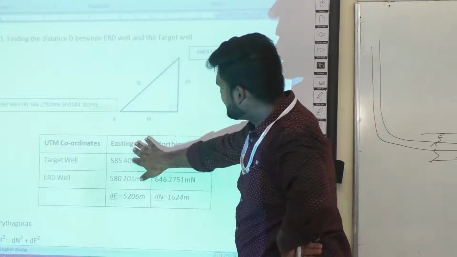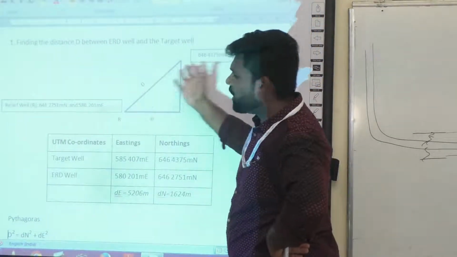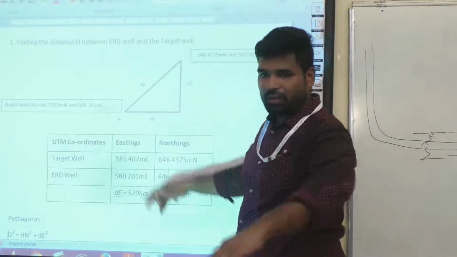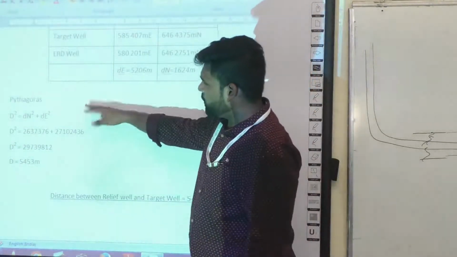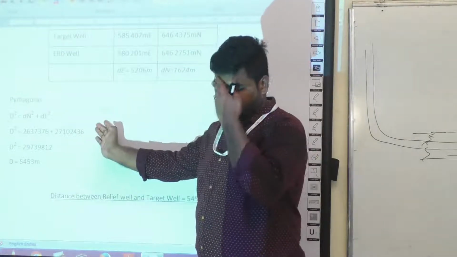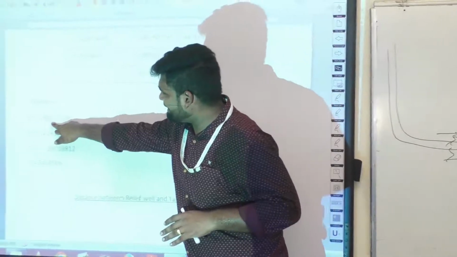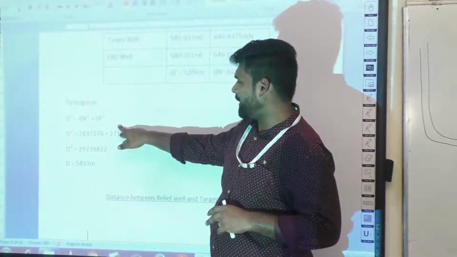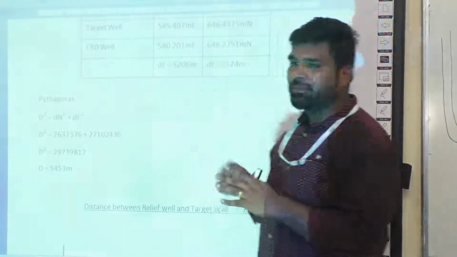You have easting coordinates as well as northing coordinates for both your relief well and your target well. By the Pythagoras theorem, d square, which is the longest side in the right angle triangle, is equal to dn square plus de square, right? With this Pythagoras theorem, we can find the distance d.